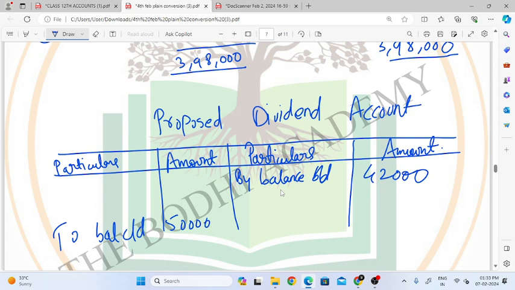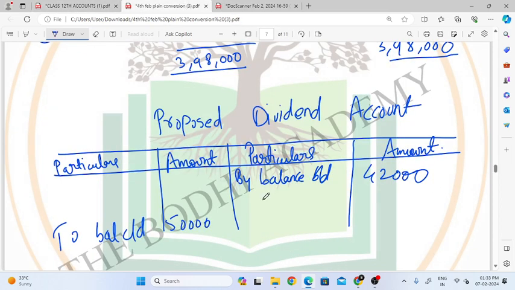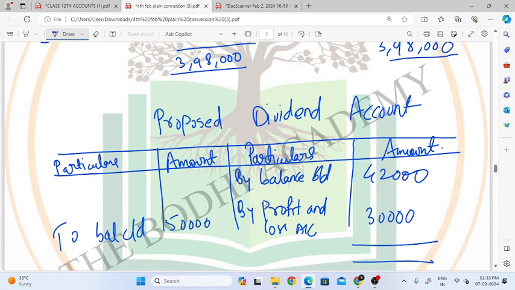Then they have given us that proposed dividend during the year is 30,000. It means they have given a provision. So by profit and loss account is 30,000. Okay, and so the total of this side is 72,000. Now here, proposed dividend paid, we'll get the balancing figure, which is 22,000.